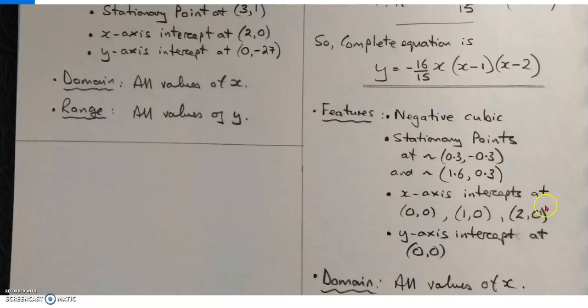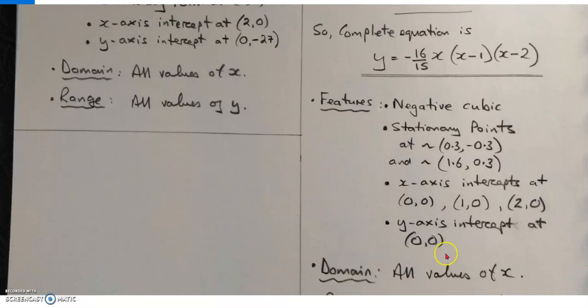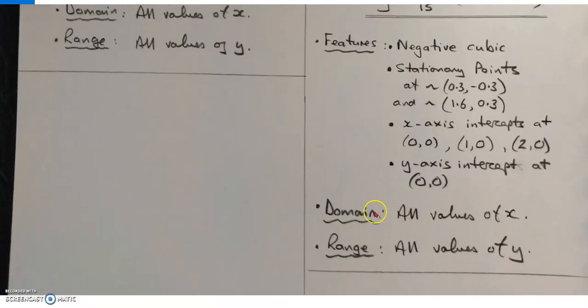The x-axis intercepts, of course, are where it crosses the x-axis, which is at the origin 0, 0, at 1, 0, and at 2, 0. And the y-axis intercept is in fact the origin itself. And again, because the graph goes to infinity in both directions, we can say that the domain is all values of x and the range is all values of y.